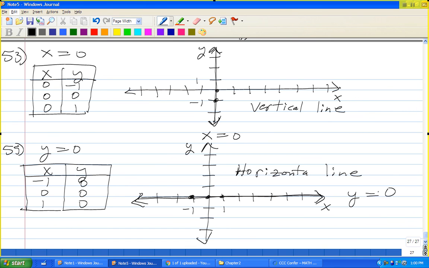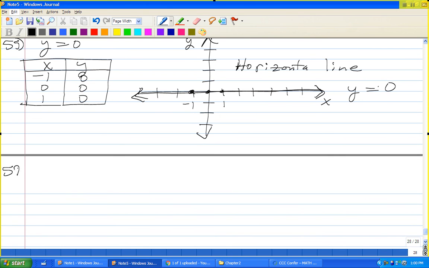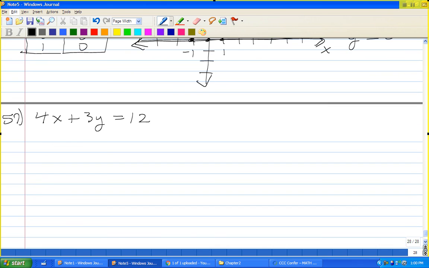Let me do problem 57. 4x plus 3y equals 12. Let's do negative 3, 0, 3.